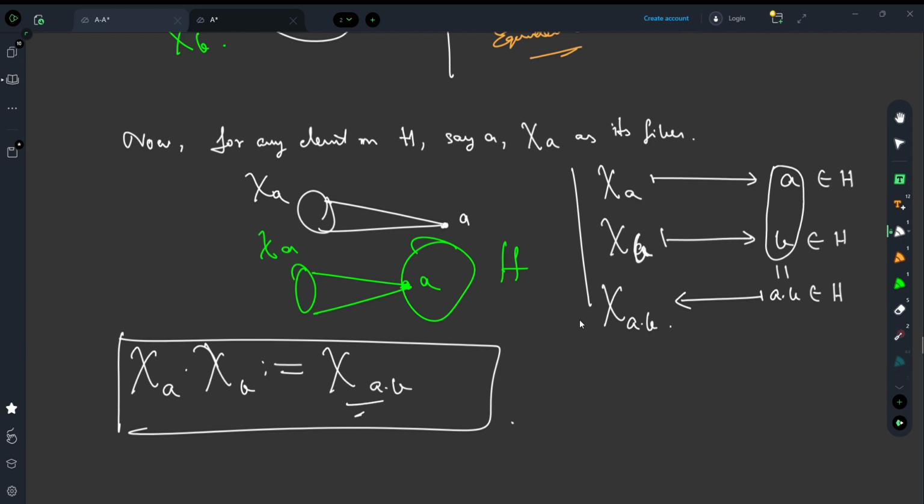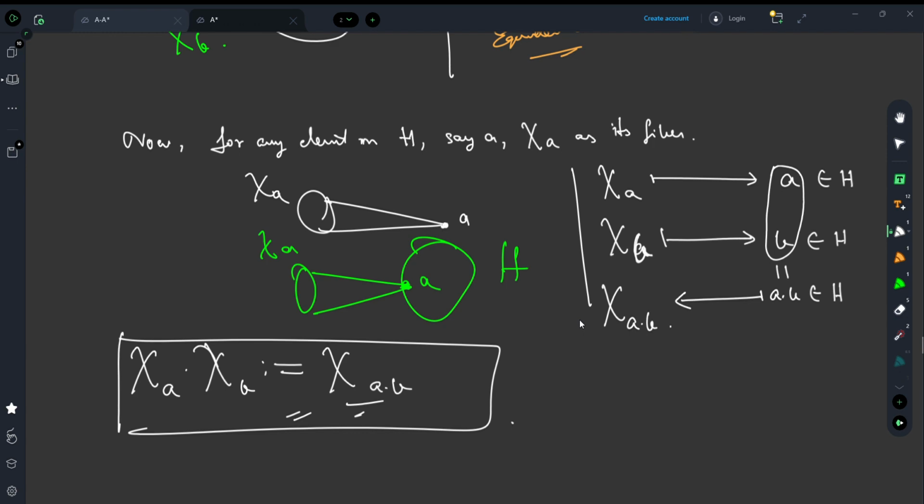So what we are actually trying to do is that if I construct a set of these fibers over elements in H of the homomorphism phi, then I can define a binary operation in that set, by this definition.